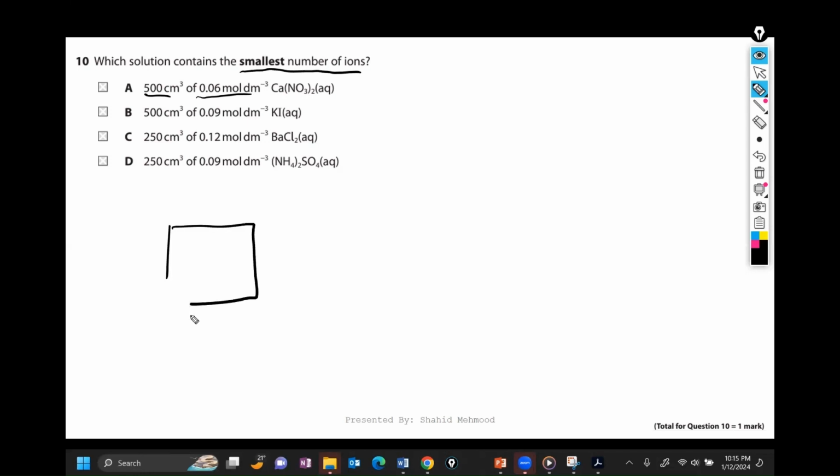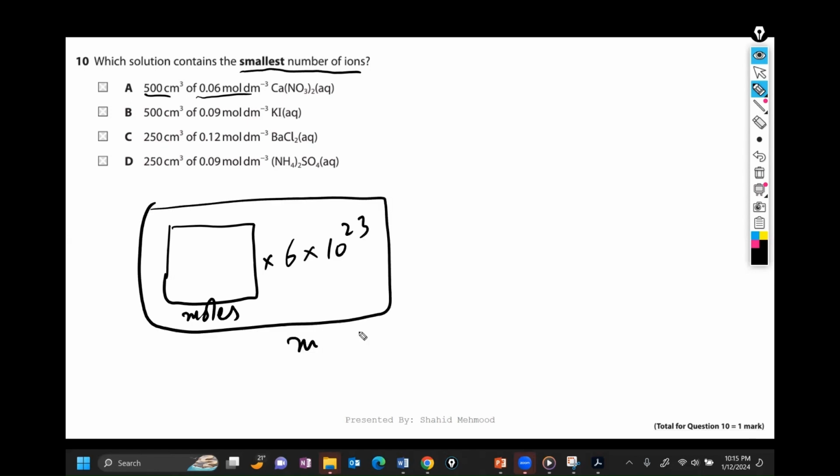The first box we always use to calculate the number of moles. Then when we multiply this by the Avogadro's number, we get the number of molecules, or formula units in the case of ionic compound. And when we multiply this by the number of atoms or ions, you also know that if we have 1 mole of some substance, element or compound, it has 6 times 10 raised to the power 23 particles.